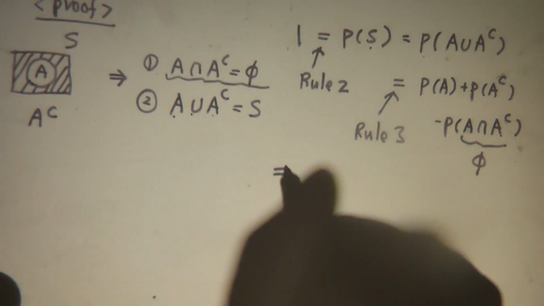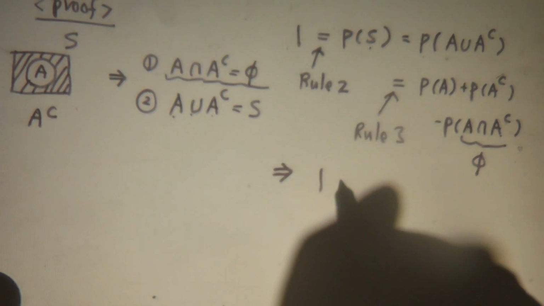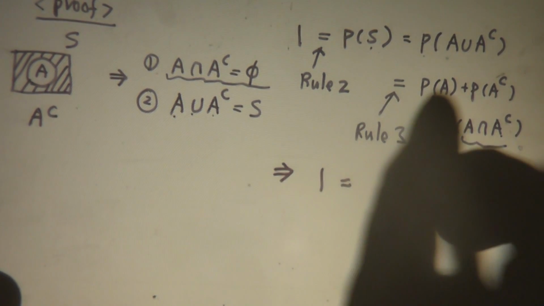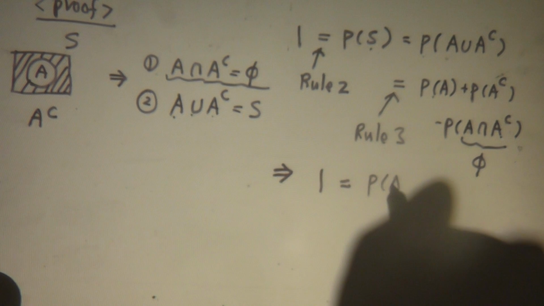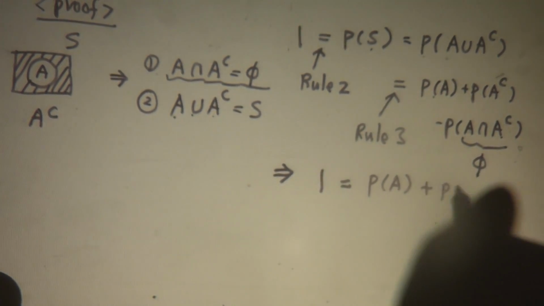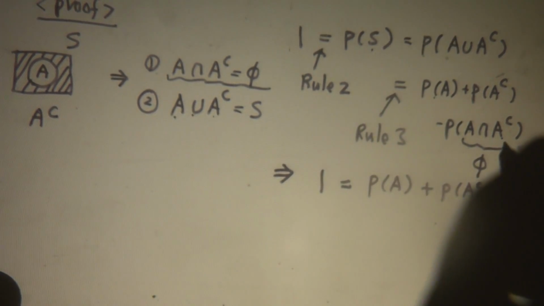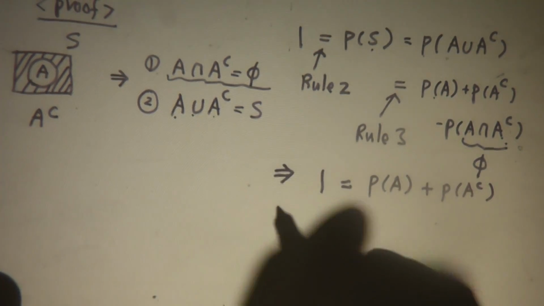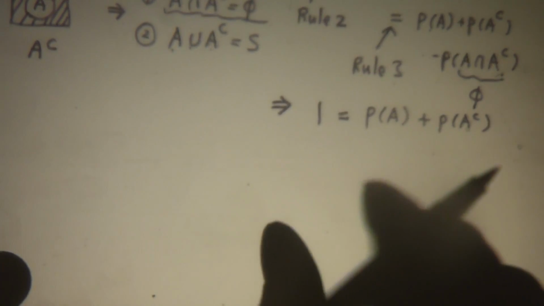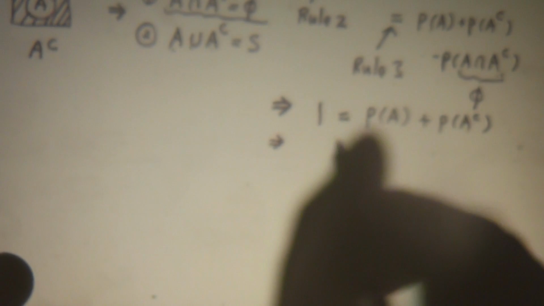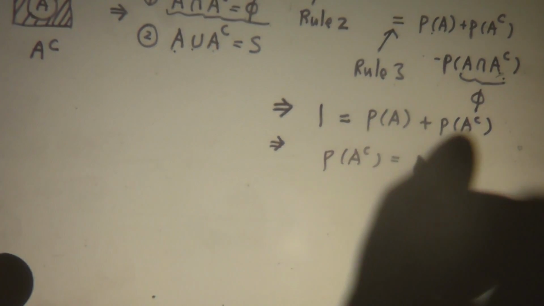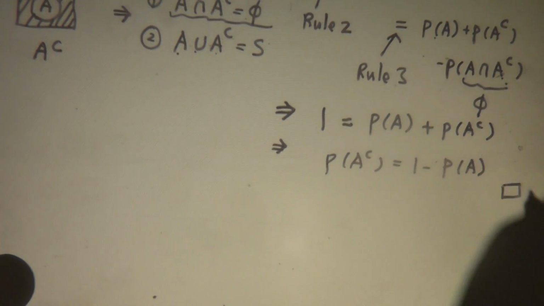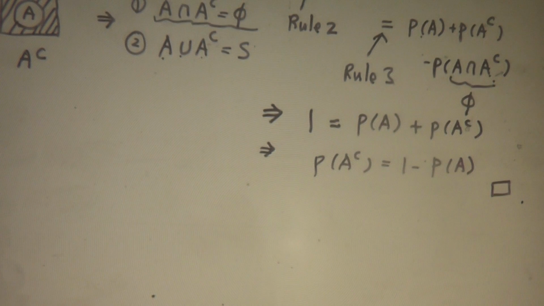And that is to say, 1 is equal to PA plus PA complement, because this term is 0. And that further implies PA complement is simply 1 minus PA. Done. You want to copy? Go ahead.